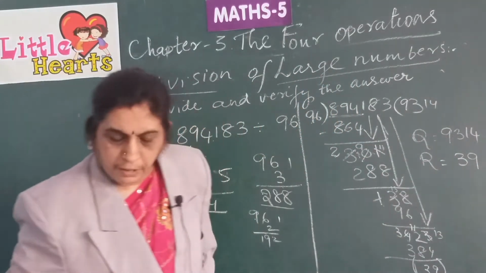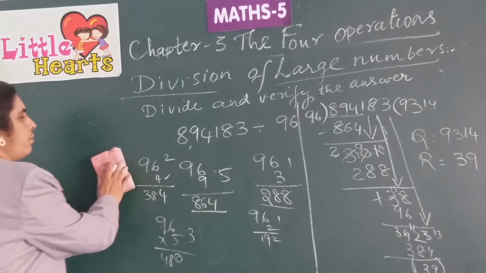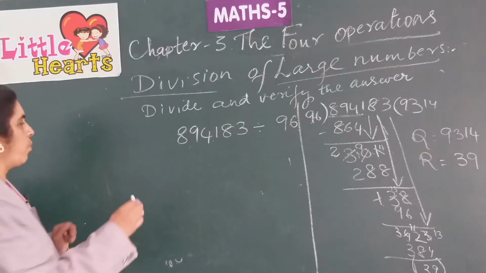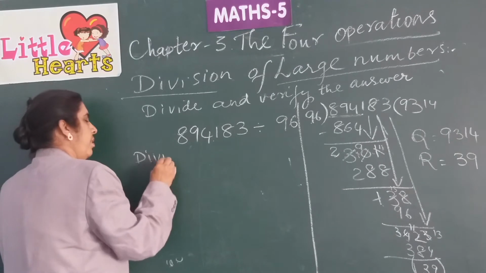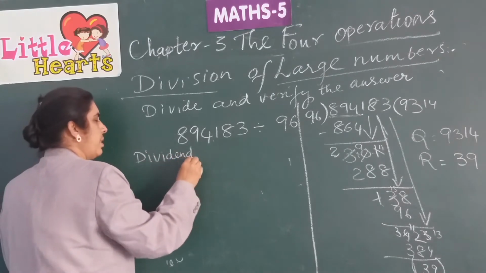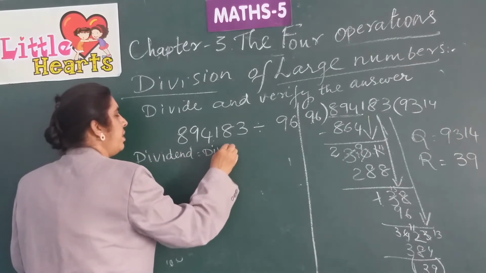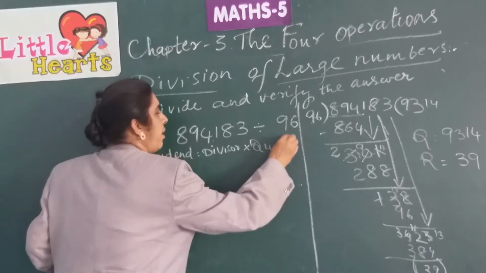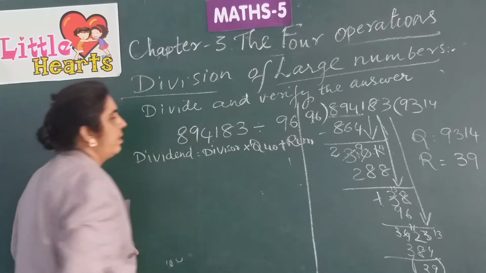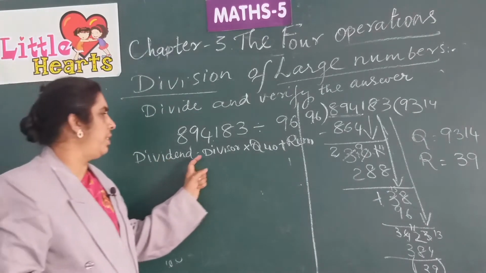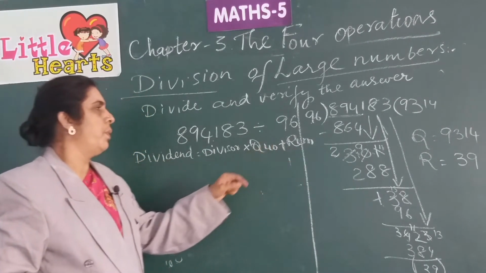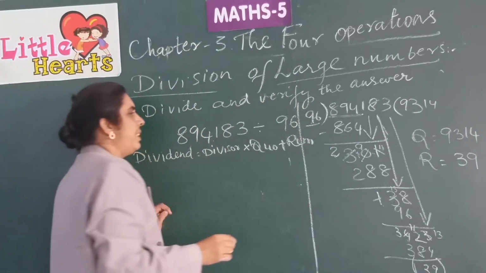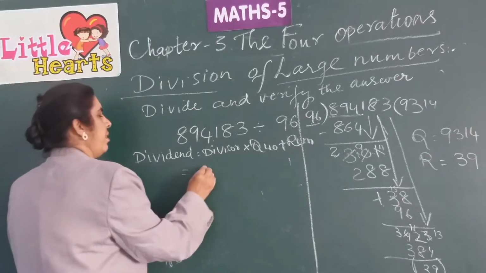And for checking of division, we have a formula. Dividend equals divisor into quotient plus remainder. This is the formula. What is the divisor? 96 is the divisor.